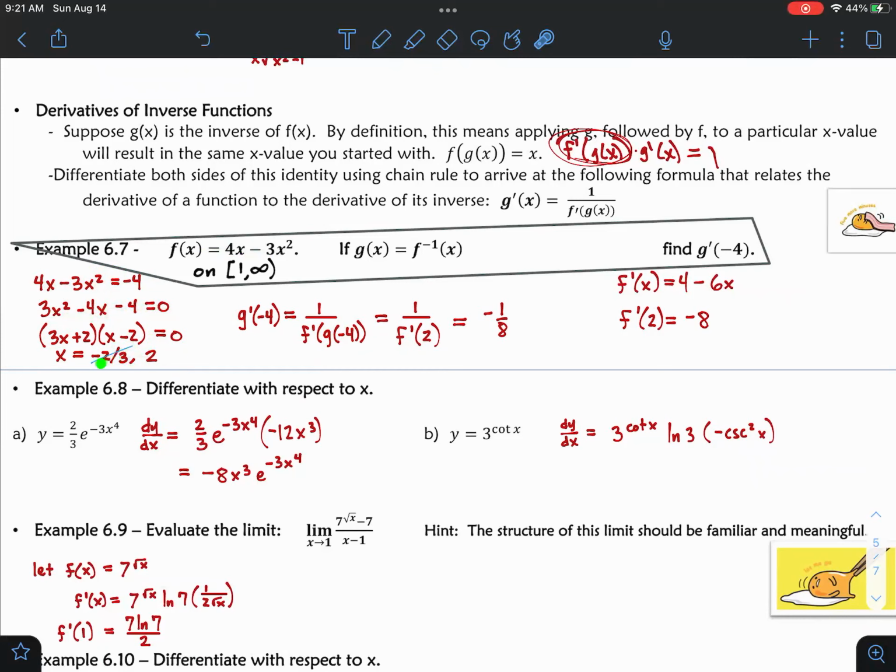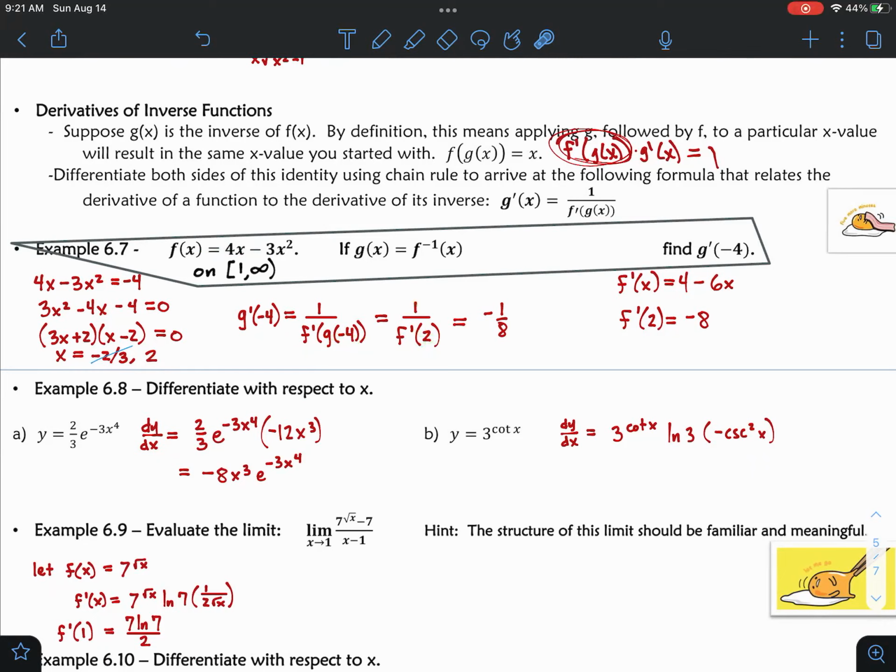I'm crossing out one of them just because I put a domain restriction here to limit us to one possible solution. And I learned that x equals 2 corresponds to negative 4. Basically, I'm saying f of 2 is negative 4, therefore g of negative 4 is equal to 2. And that's why I'm able to replace this portion here with a 2.